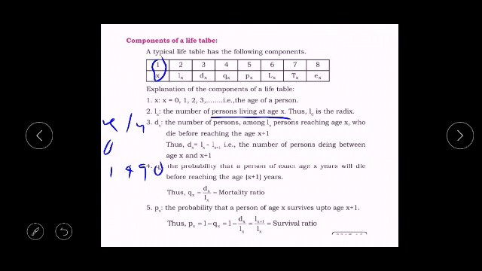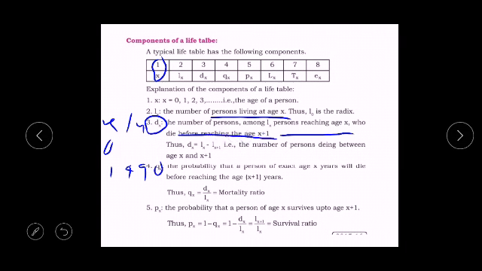So what about the 10 children? They have died. That is indicated by the third column, that is dx. dx is the number of persons among lx, persons reaching age X, who die before reaching the age X plus 1.